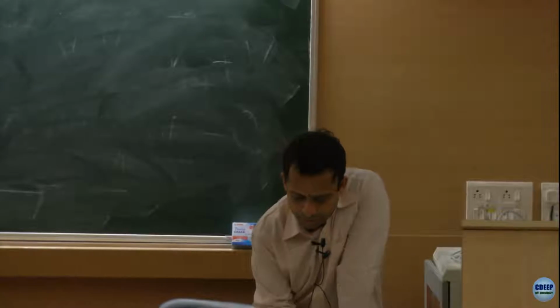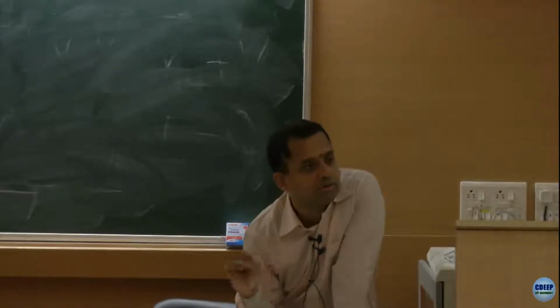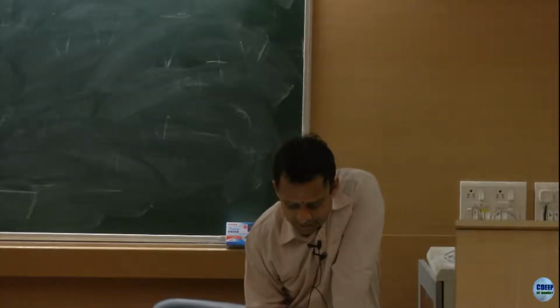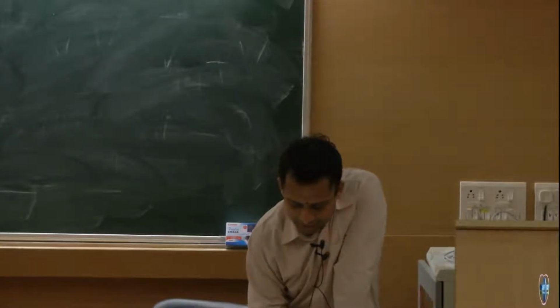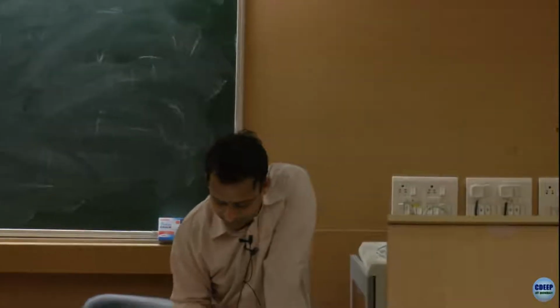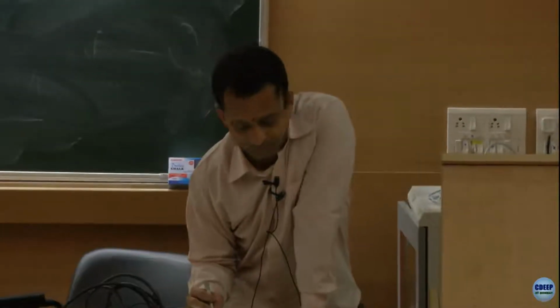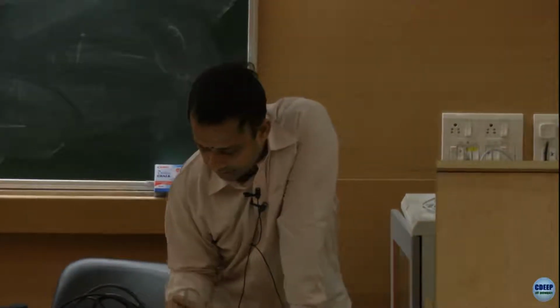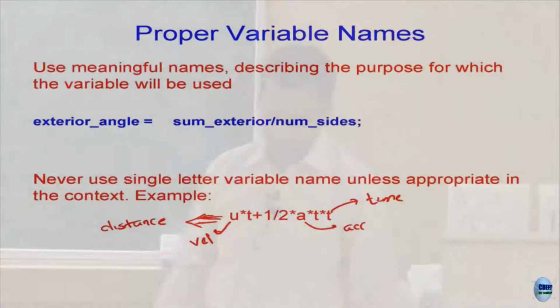No, because it should be a sequence of letters, digits and underscore; it cannot have a hash. 3rd_cousin, why not? Because a name should not begin with a digit. 3rd cousin, a space cannot be a part of it. tally_number, x, third_cousin. Okay, so these are all valid.